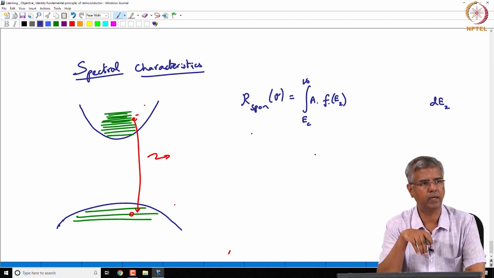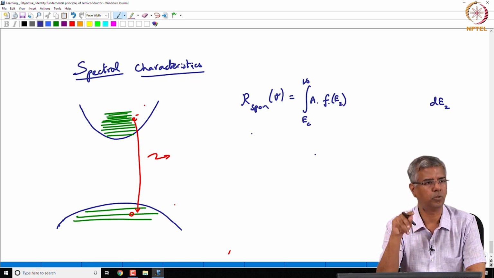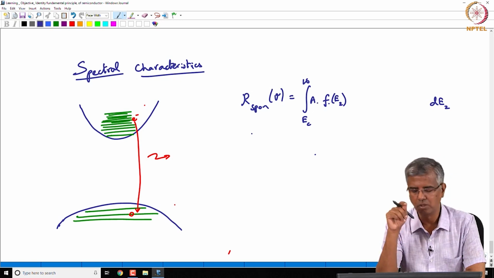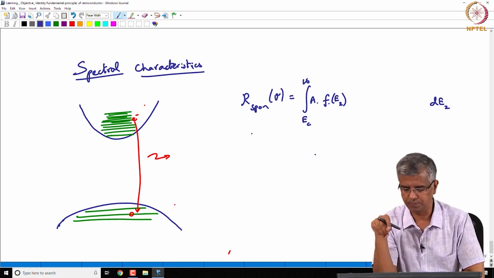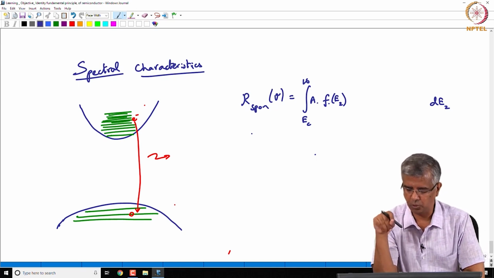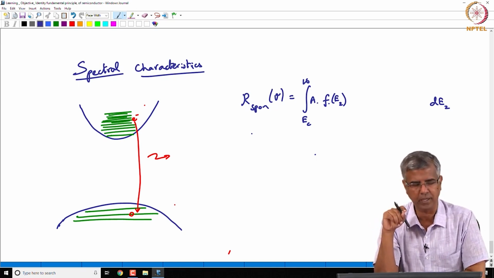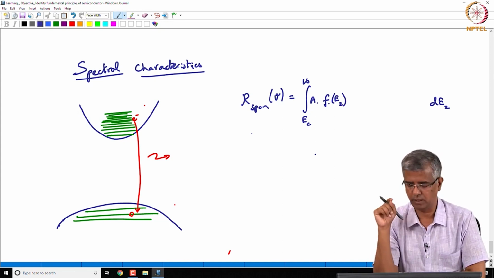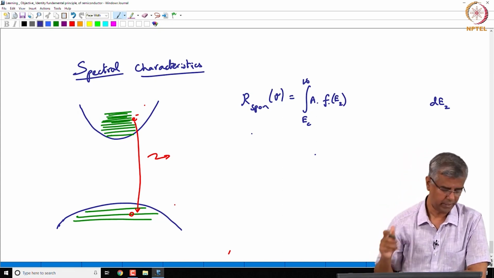In semiconductors, Pauli's exclusion principle comes into effect, right, which means that no two electrons can exist in the same state. Okay. So, when we are talking about f of E2, we are talking about an electron occupying a particular energy level, right.